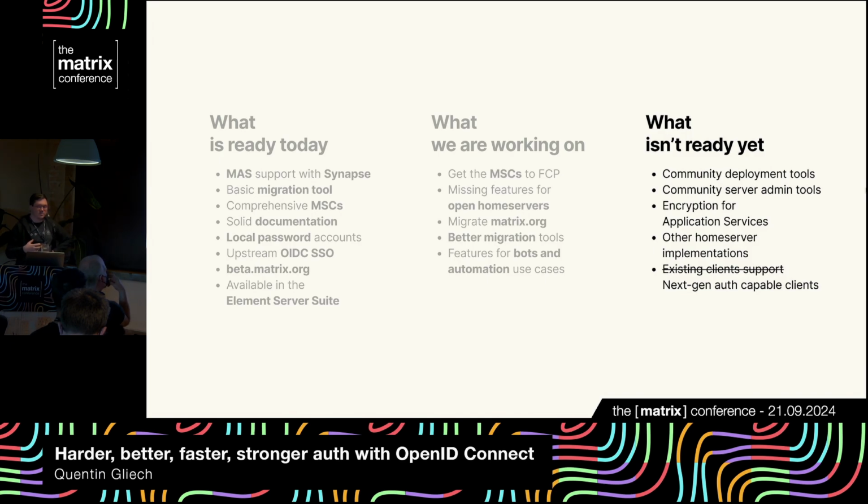As far as I'm aware, the only home server implementing this is Synapse through MAS, and obviously we would like other home servers to implement the same APIs. As I said earlier, most of the existing clients should work, but ideally we would like them to also move to these next-gen OAuth APIs, because that's really the way forward for the whole ecosystem.